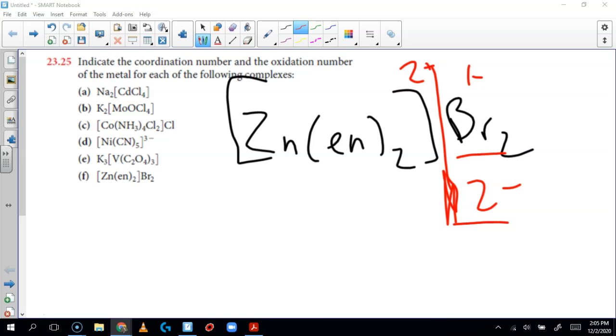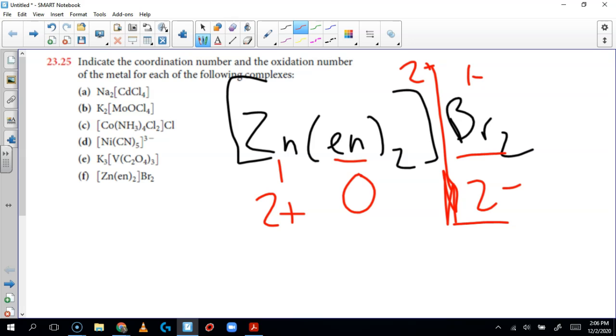And so ethylene diamine, let's keep that in mind, is a ligand. And so this has a neutral charge. So how can 0 equal 2 plus? That means that zinc here has to be a 2 plus charge.